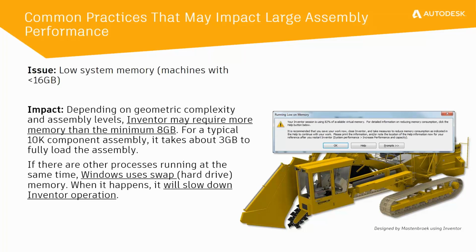In doing so, this can significantly slow down Inventor's performance, because writing information to a hard drive or a hard disk can be inferior, and in many cases significantly inferior, than writing and reading that same information from RAM.